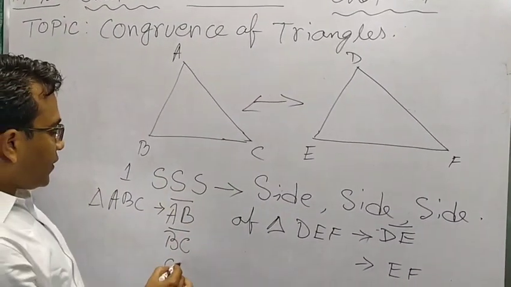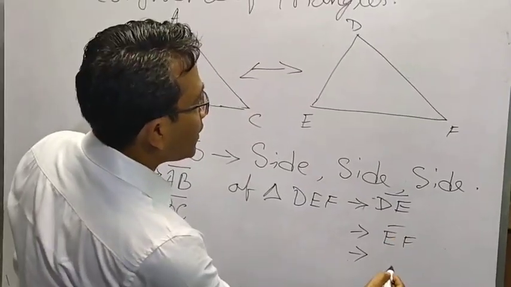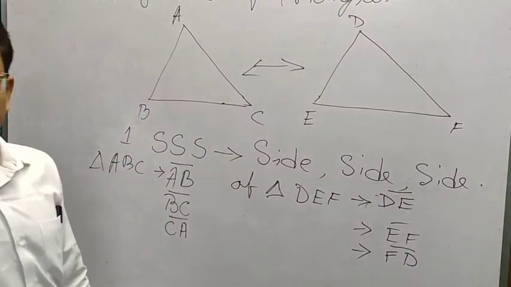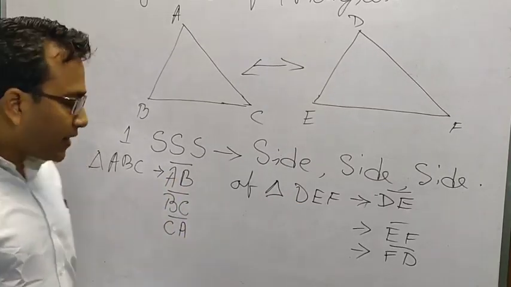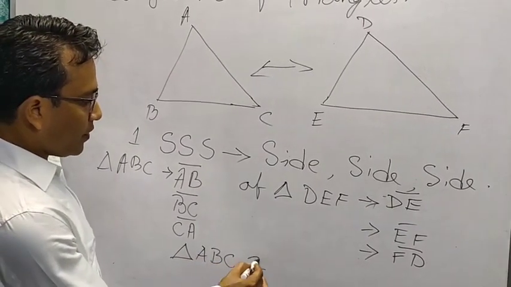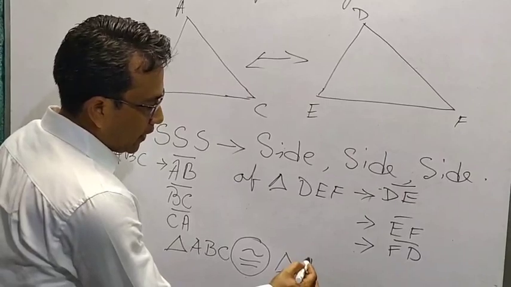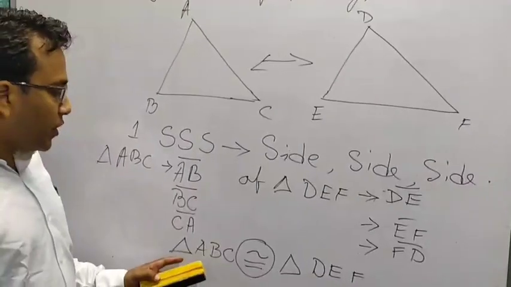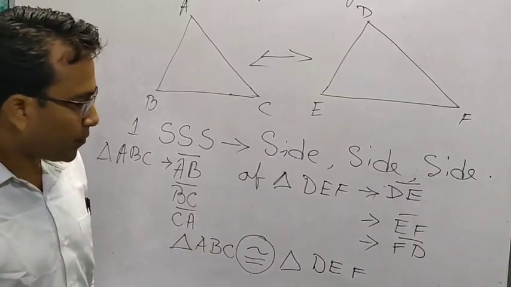And the third side, CA of this triangle, is equal to side FD. If these three corresponding sides of the two triangles are equal, then we can say triangle ABC is congruent, this is the congruent sign, to triangle DEF. So this is the first congruence rule between two triangles.